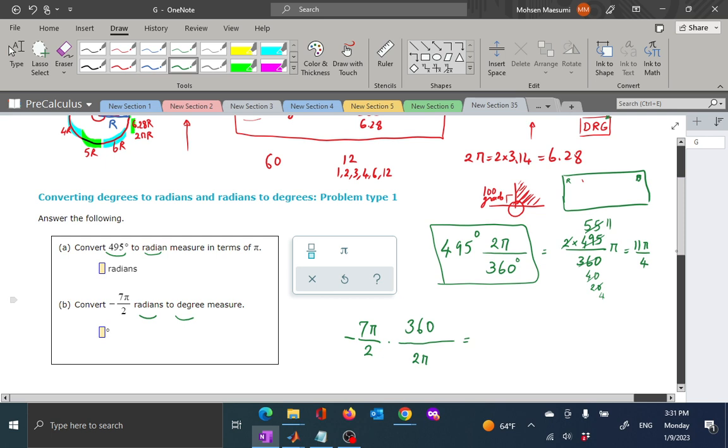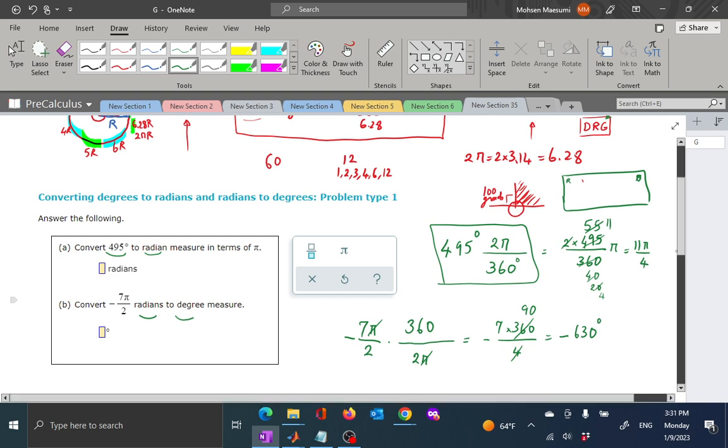You want to simplify this thing. So let's write all the numbers. Minus 7. Well, obviously pi's cancel. 360 over 4. Of course, 4 and 360 becomes 90. 7 times 90, don't forget the minus, 630 degrees.